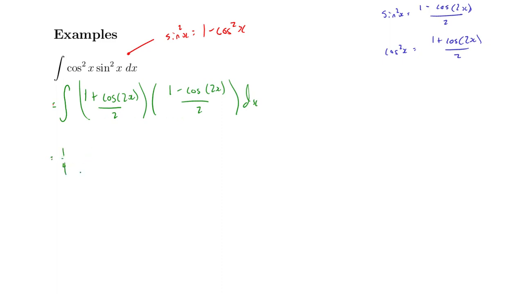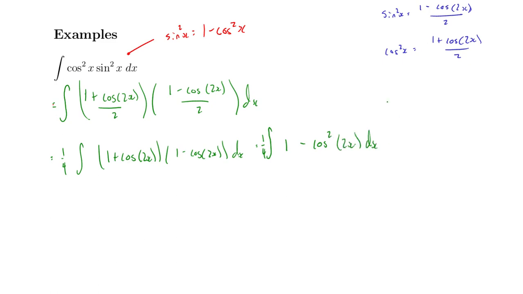That means I've got a fourth times the integral of 1 plus cosine 2x, 1 minus cosine 2x. I can multiply that stuff out, and I've got a fourth. Oh, I should make that fraction a little cleaner. There we go. A fourth times 1 minus cosine squared 2x dx.